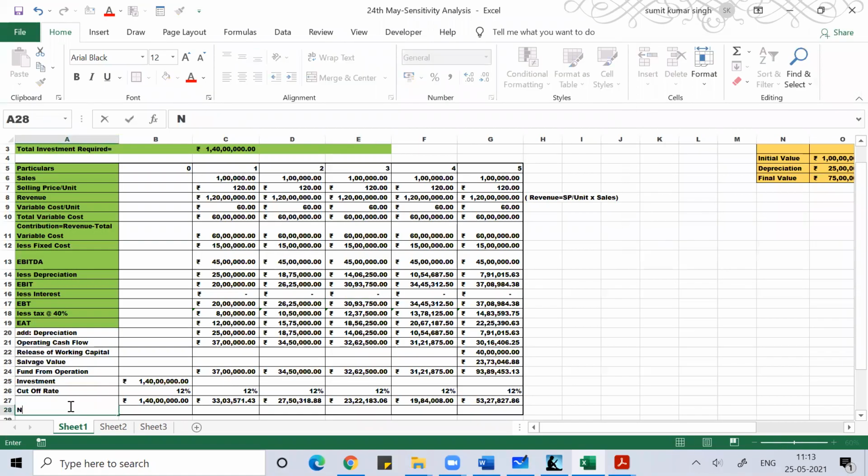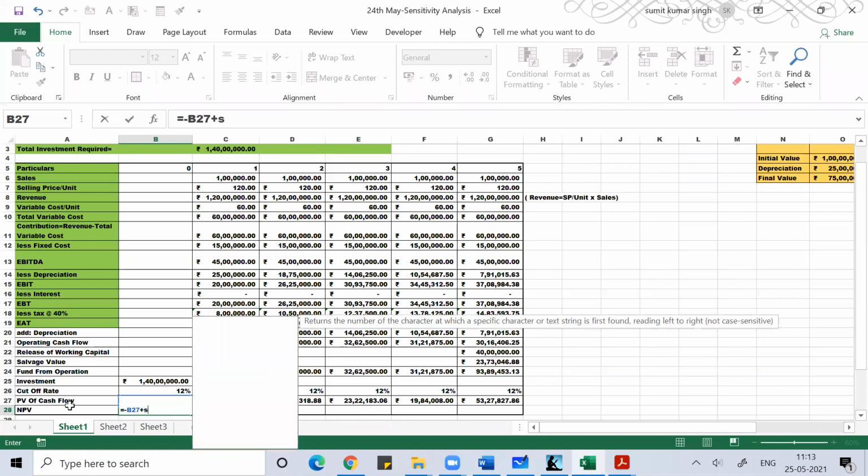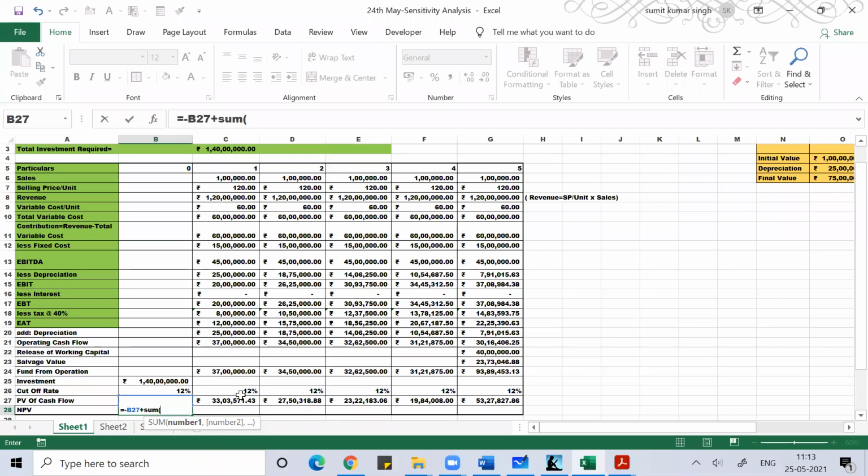Once I'm done with this, then I'll find my NPV. What is my NPV? My initial investment plus the sum total of present value of my future cash flow. This is the present value of my future cash flow.